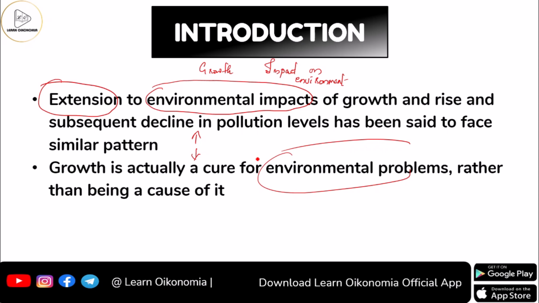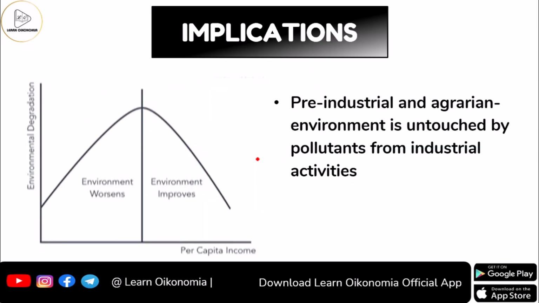Let's see more about the graphical part of the very same. Initially, the economy is pre-industrial, and this would be completely agrarian. People would be dependent on the agriculture sector. You don't have any industries here.